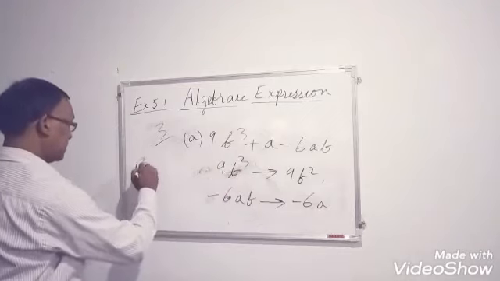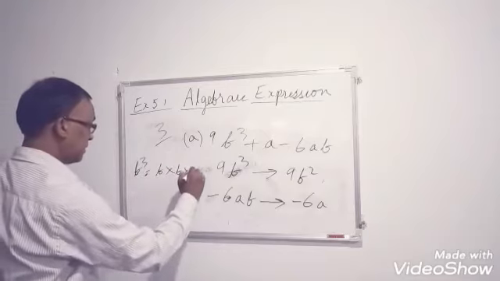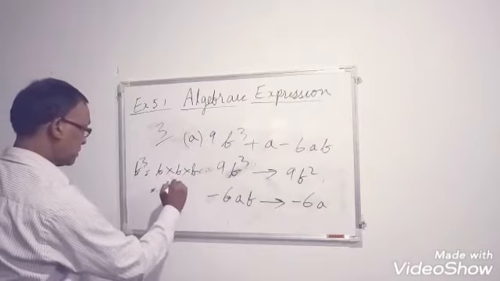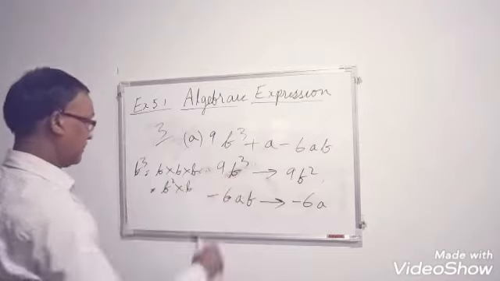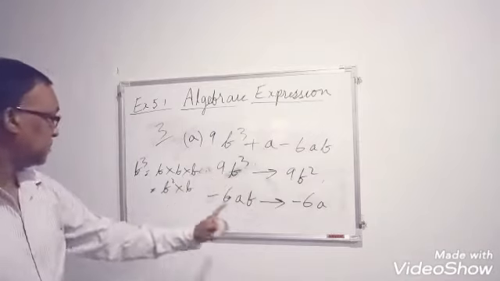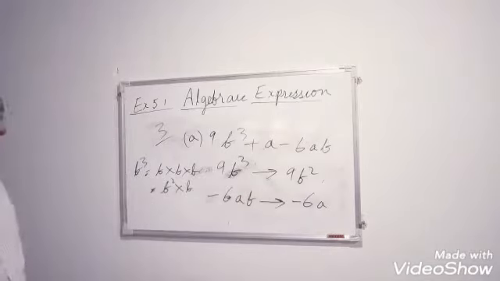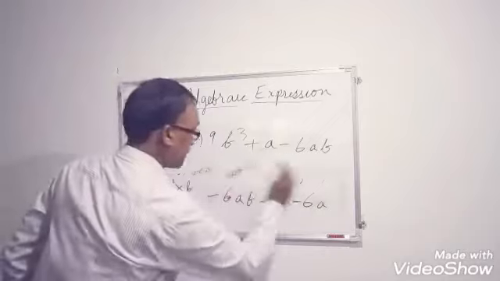Like if it is b cubed, means b into b into b. So if you leave 1 b, then it will be 9b squared.